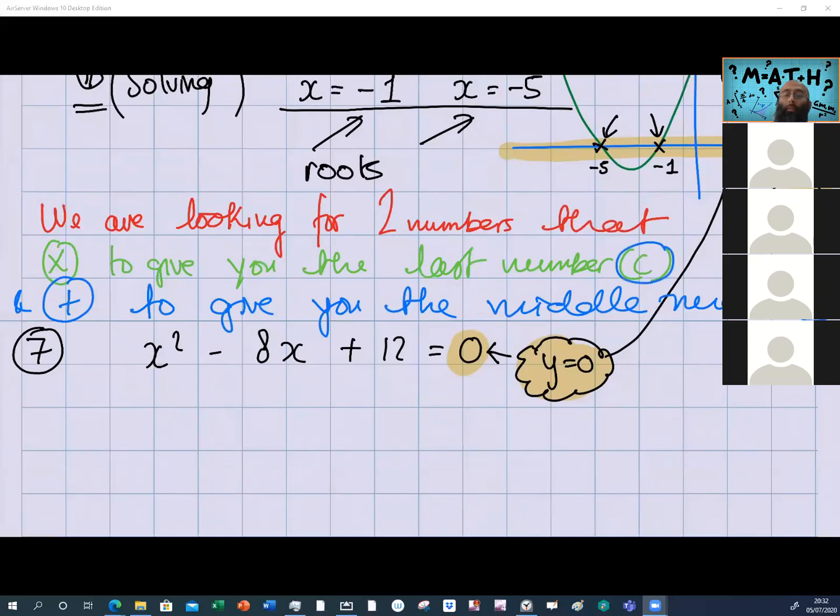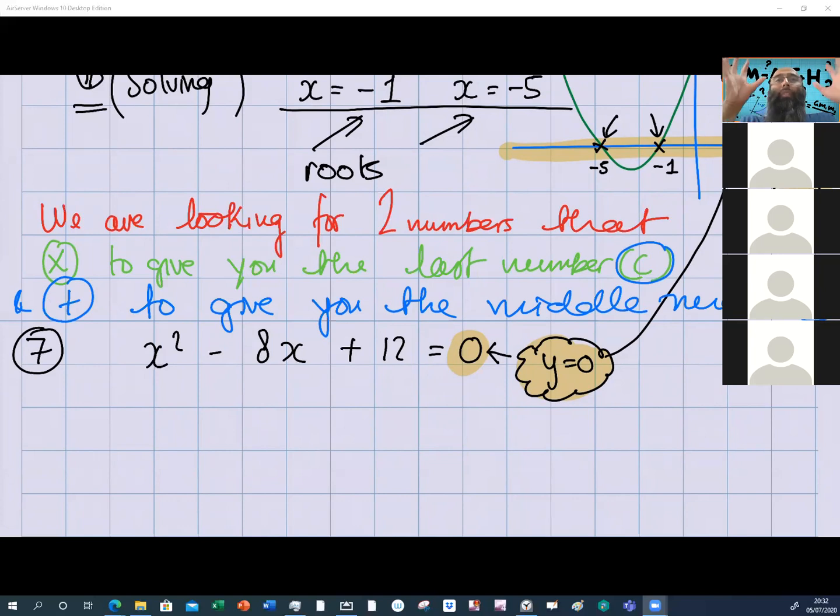Okay, so Eliza, I want you to read what I've written down. We are looking for two numbers that times to give you the last number, C, and add to give you the middle number.